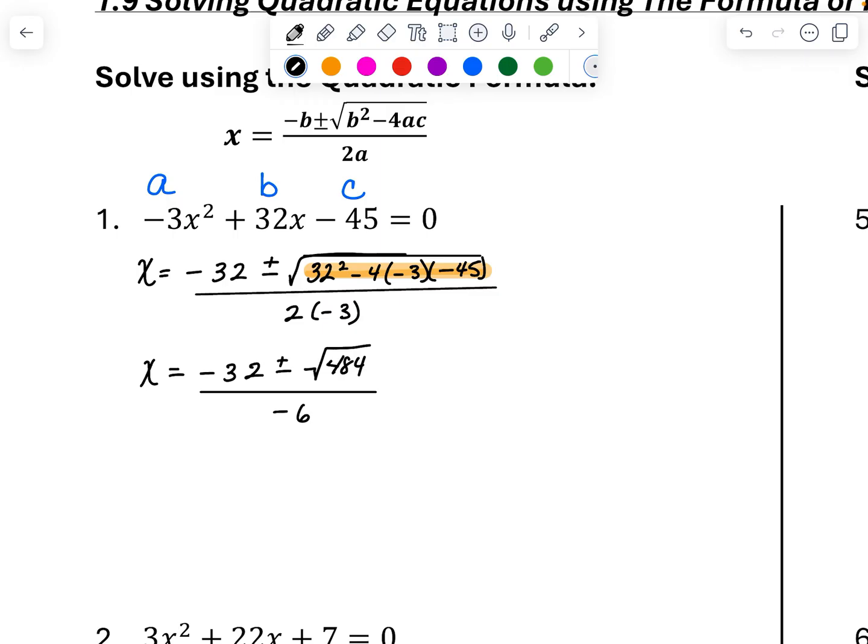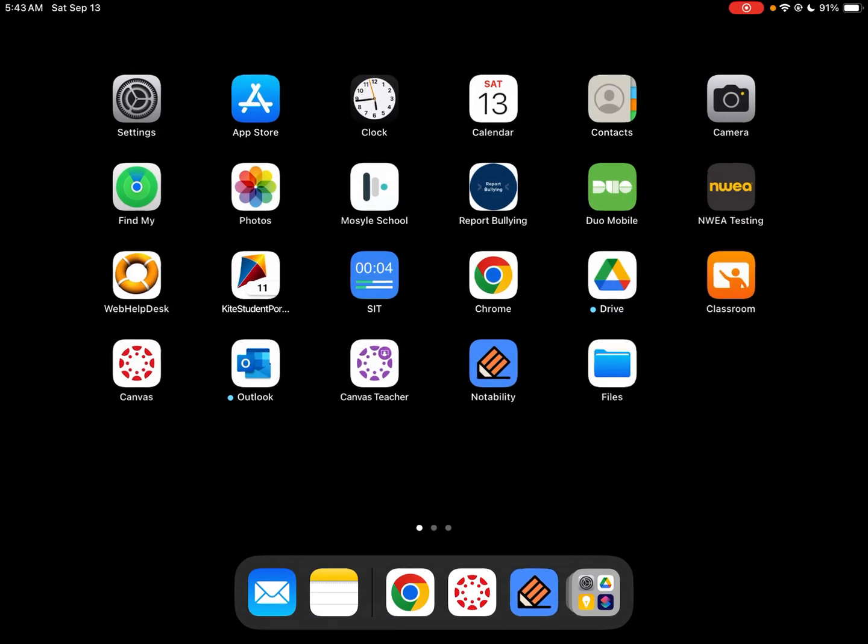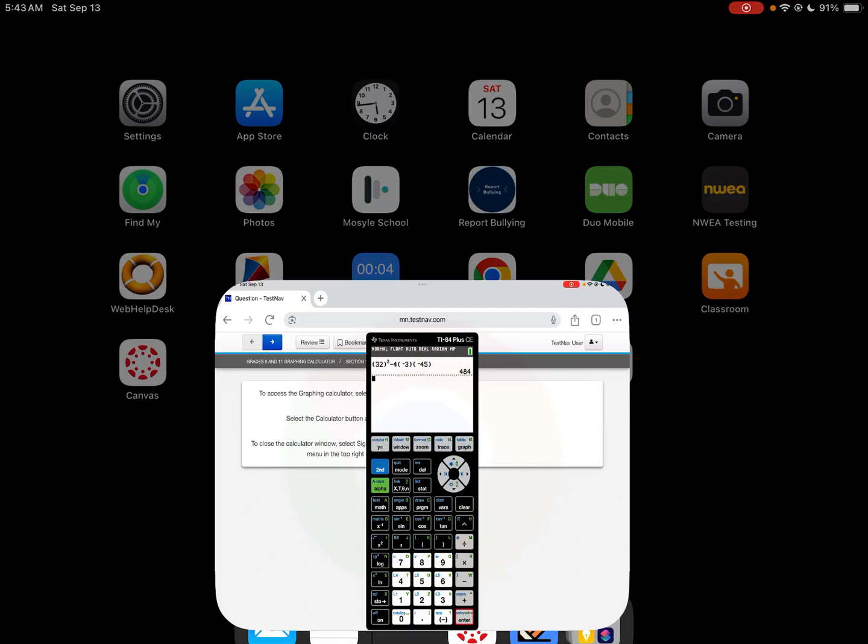So say I have x equals negative 32 plus or minus something over negative 6, and 484. I would grab my calculator again.